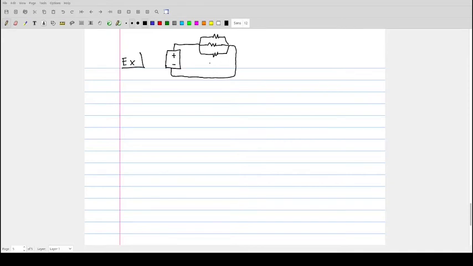So let's say that resistor 1 is this R1 right here. Resistor 2 is R2, and resistor 3 is R3.